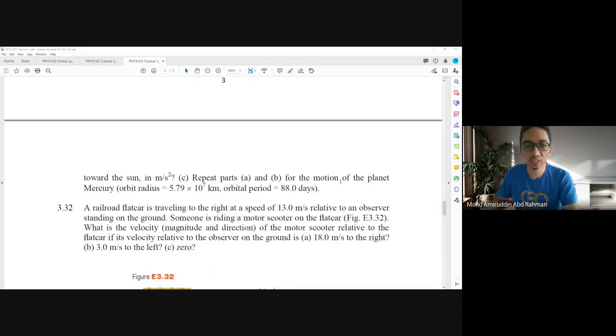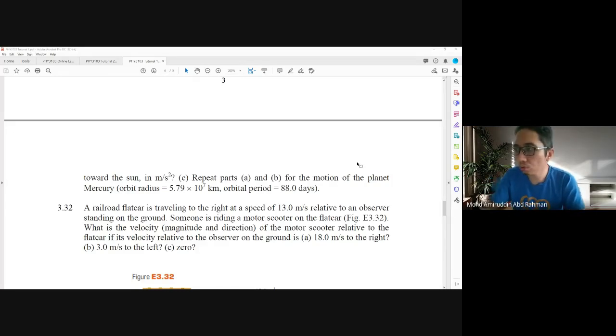Okay, for C, we need to repeat parts A and B with Mercury, the planet. We have the orbital radius of 5.79 times 10 to the 7 kilometer, and the orbital period of 88 days.